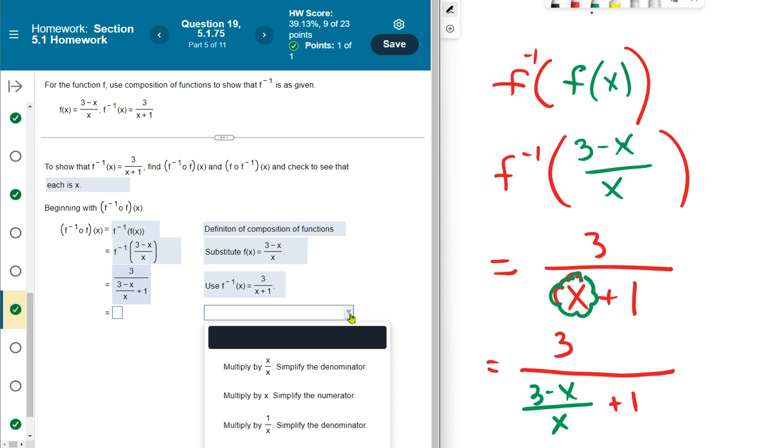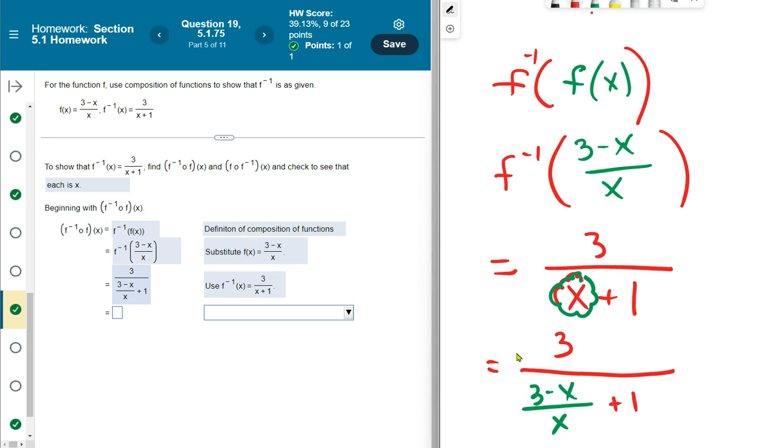Okay, and now what do they want me to do? Let's see, my choices over here. I'm looking at this and I need to get rid of the x in the denominator. So I'm going to have to multiply top and bottom by x. So that I'm going to have a 3x on the top, right? X times 3 is 3x.